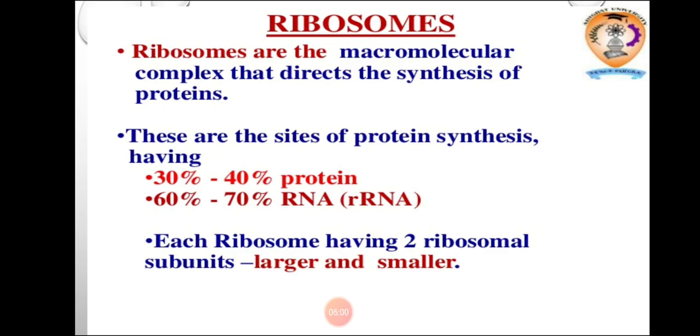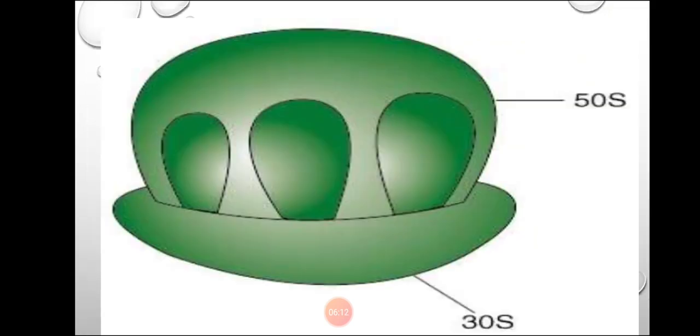Each ribosome consists of 2 units, larger and smaller. These subunits occur separately in cytoplasm. You can see here the larger and smaller unit: one is 50S and the other one is 30S.